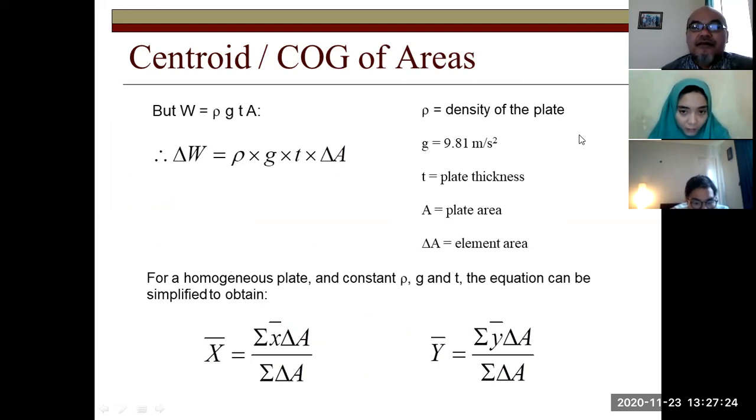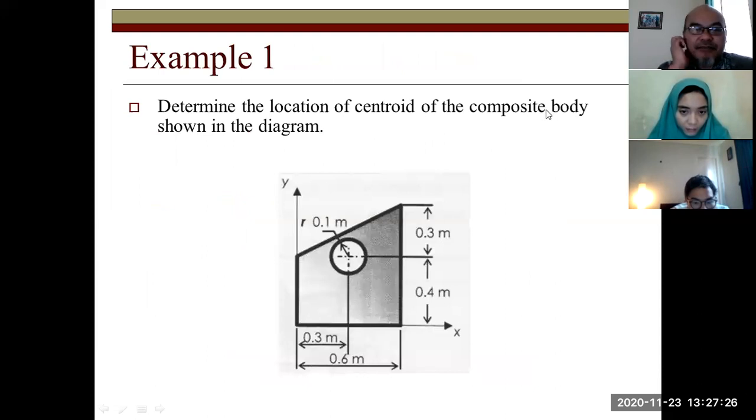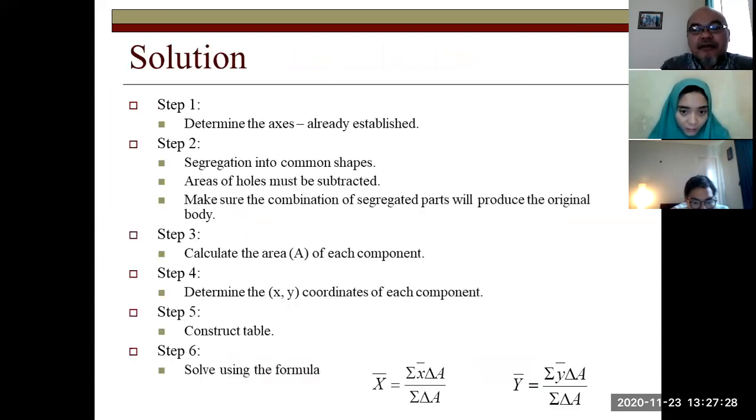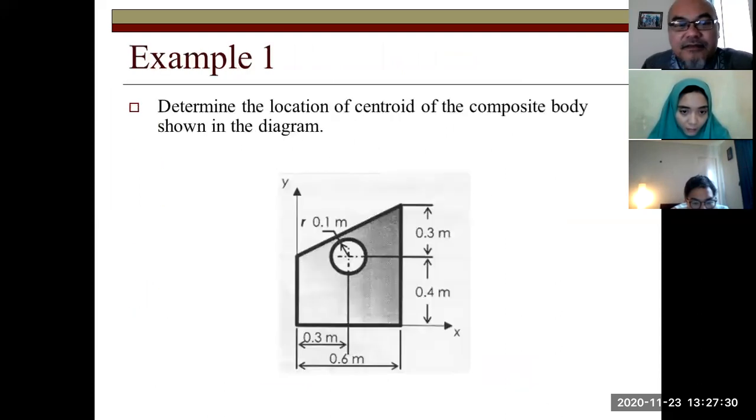Then we give some examples. Determine the location of the centroid of the composite body, which has a uniform density as well as uniform thickness across all the area. This is a geometrical shape.